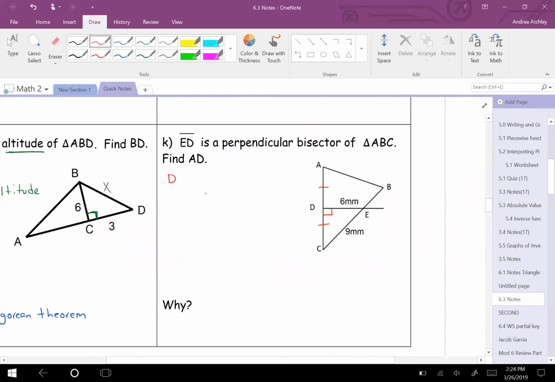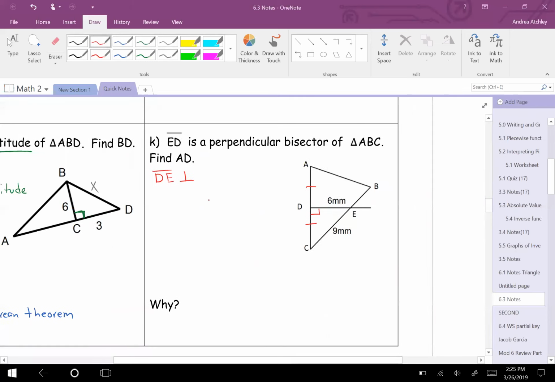So DE is perpendicular to AC, and segment AD is congruent to segment DC. And again, what's the reasoning for that?